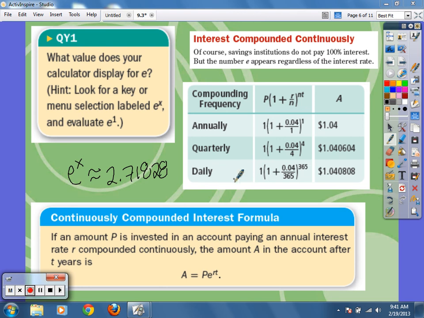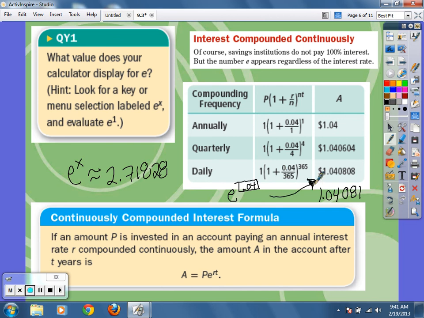And what this is actually cutting off to is e to an exponent's power, and the power just happens to be 0.04 for that 4% interest rate. If you don't believe me, if you type in your calculator e to the 0.04, you will see that it's 1.04081 approximately. Okay, so this is e to a power is what this is.